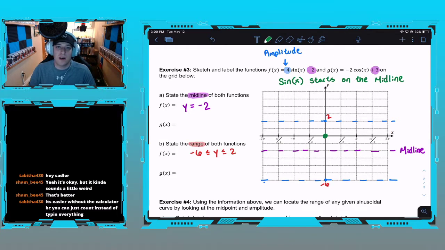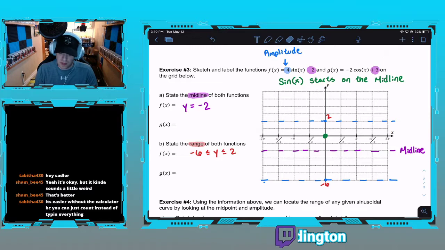So I don't want to start it right at the center. I don't want to start at 0, 0. I want to start it at 0, whatever the midline is. And I will show you guys on the calculator as well after I'm done with this, so everything we're doing is going to match up. So I'm going to start at 0.